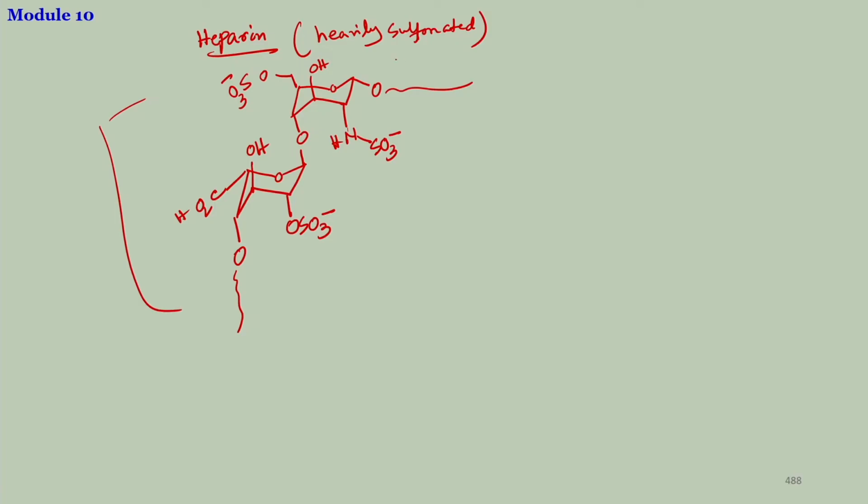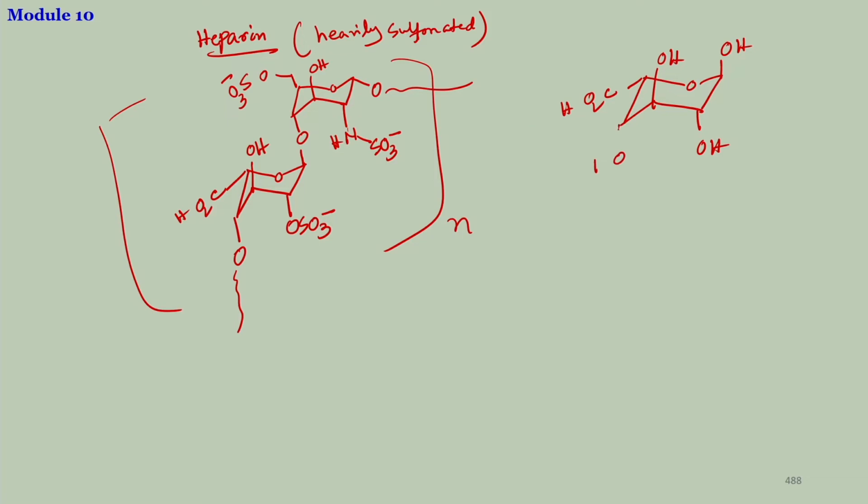So, this is basically the whole n. This is the basic skeleton of heparin. OH down, OH, OH, CO2H, OH. This is your uronic acid.